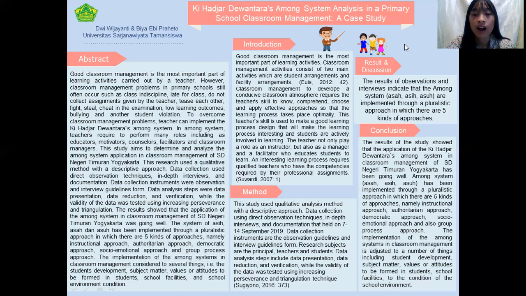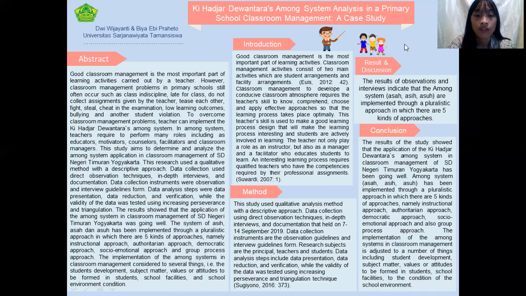Research subjects are the principal, teachers, and students. Data analysis steps include data presentation, data reduction and verification, while the validity of the data was tested using increased perseverance and triangulation technique.